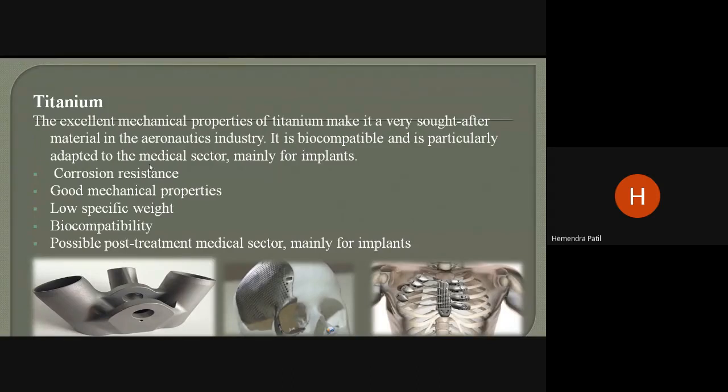In the medical field, it is widely used today for implants. If we talk about the properties of titanium, it is corrosion resistant, has good mechanical properties, low specific weight, and is biocompatible. That's why we are using it for implants and possible post-treatment in medical sectors.